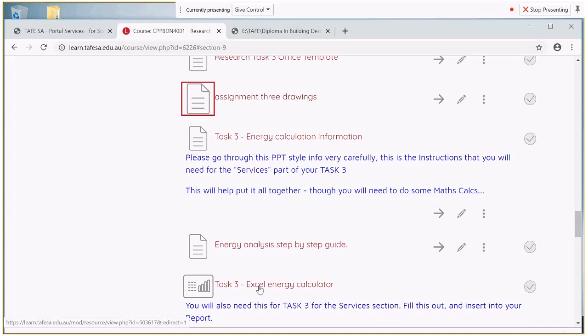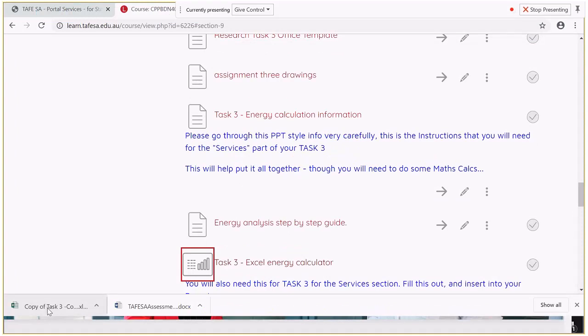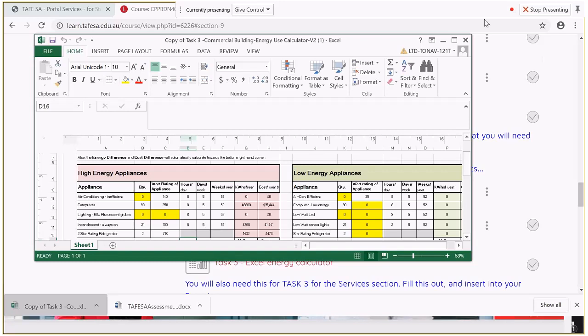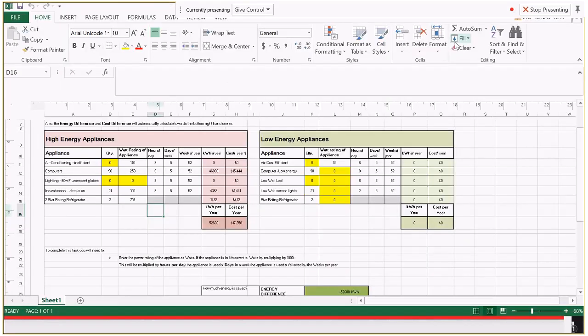So we've seen the Excel file. We've seen this Excel energy calculator before. Super important thing, only fill out the yellow squares.